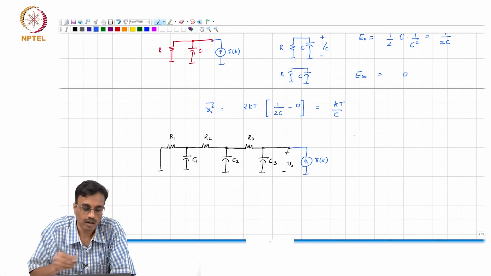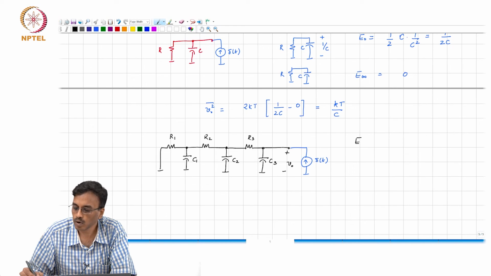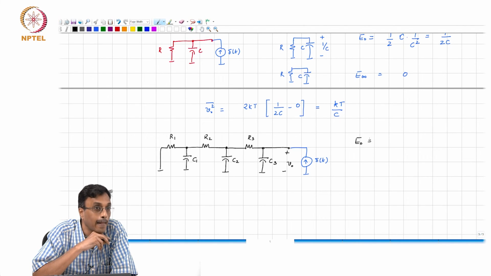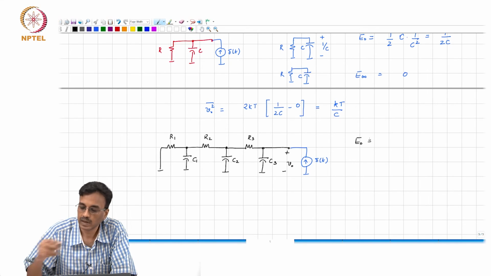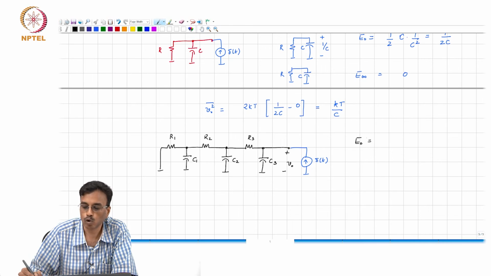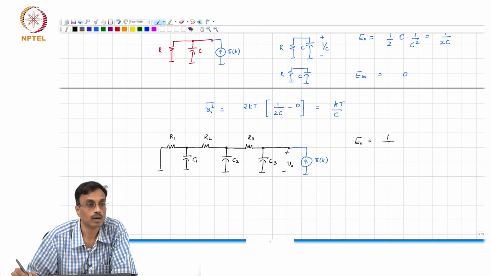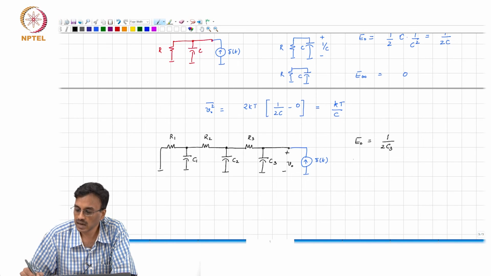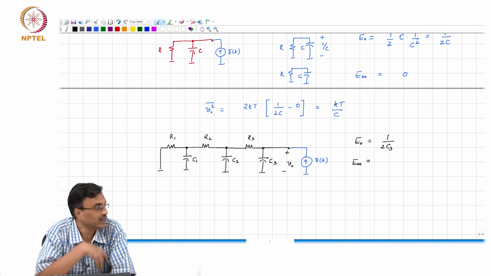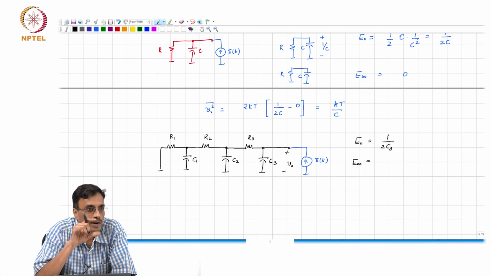So, what is E0 therefore? E0 by 1 Coulomb square is nothing but 1 over 2C3. E infinity: at t equal to 0 plus there is a voltage on C3, right.